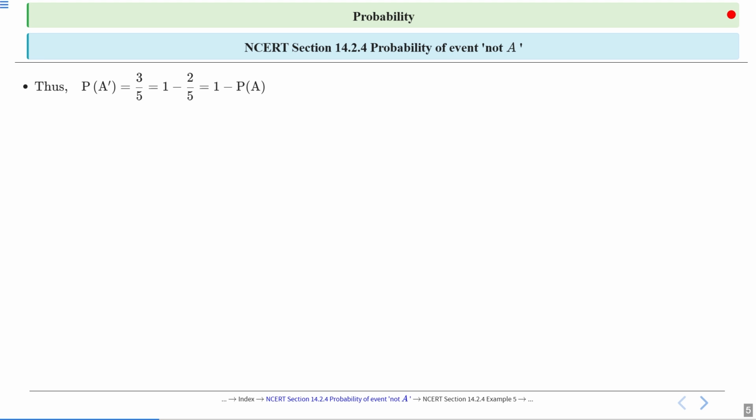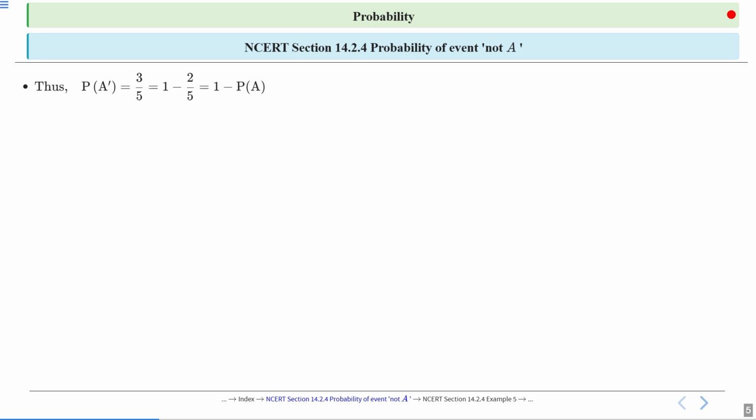And we have seen probability of event A is equal to 2 over 5. So in place of 2 over 5, we can write probability of A. So probability of A complement is equal to 1 minus probability of A. So we obtain here the formula: probability of A complement is equal to 1 minus probability of A.